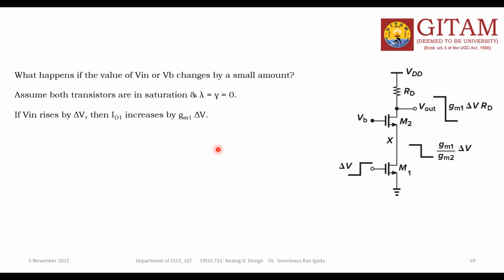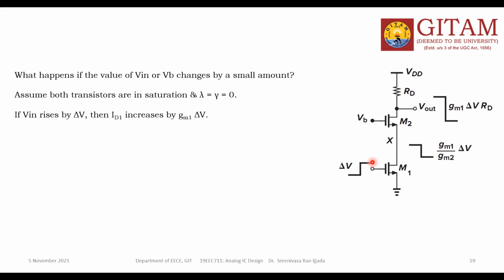If Vin rises by delta V, treat each case separately, and it's important. Look at this picture. Here some voltage change is applied at the gate of M1. What is the role of the M1 transistor? For any specific change in the input voltage, a corresponding current should flow in the drain.